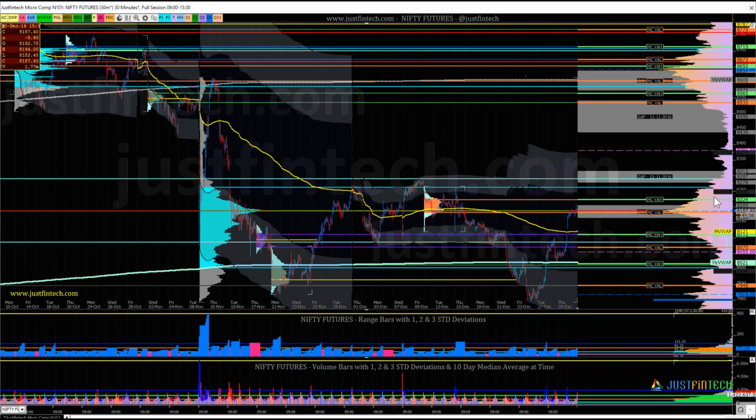And if the VWAP starts building up, that means the average price of the trades being done is higher, and obviously the auction would want to move further up and go into previously established fair prices.